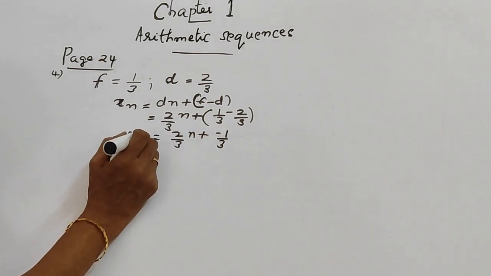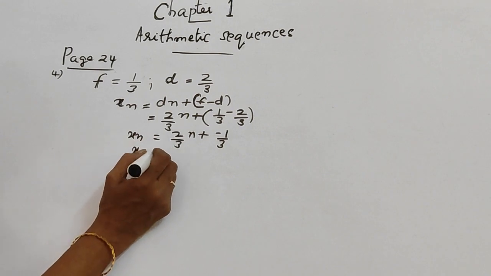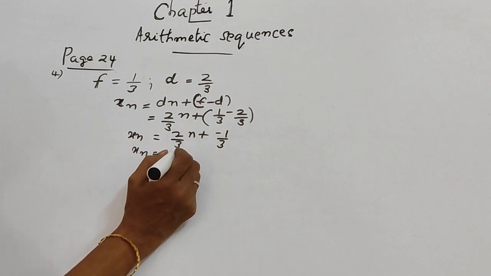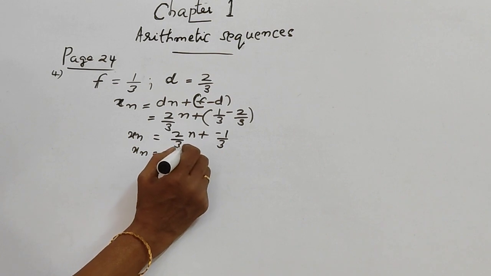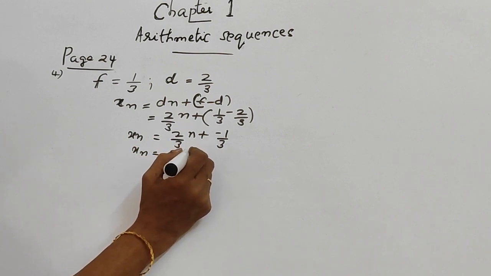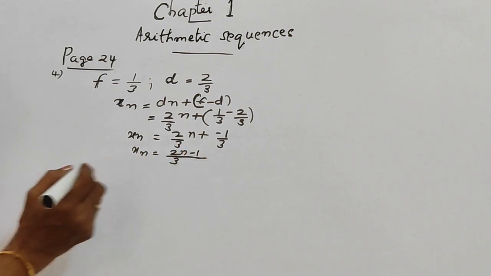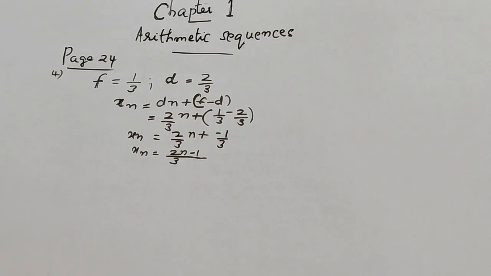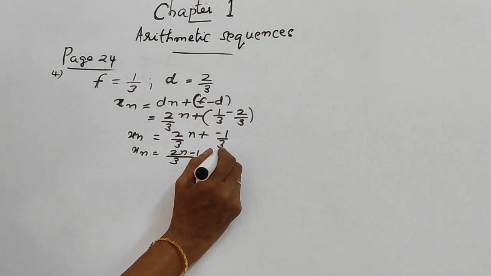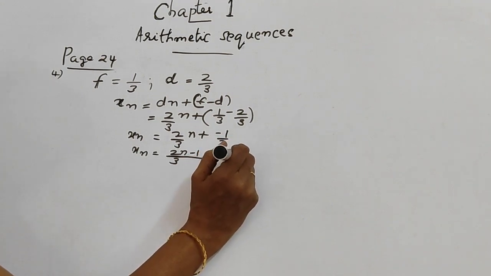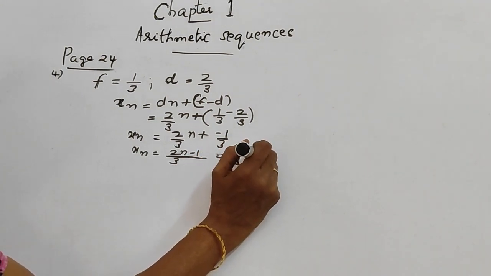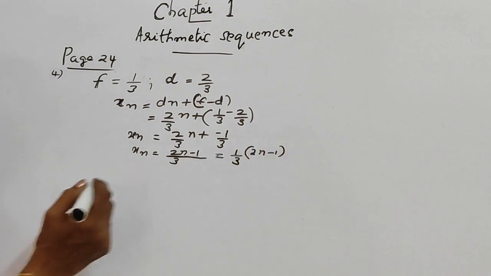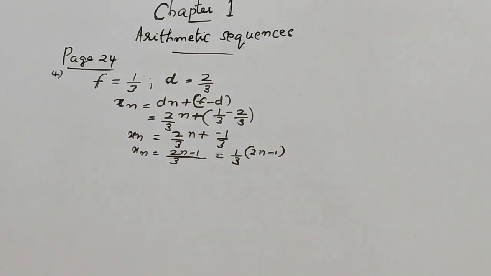This we can write as xn is equal to 2 by 3 n, taking 3 as denominator, 2n minus 1 by 3, or we can write this as 1 by 3 taken out, 2n minus 1. This is the xn of the sequence.